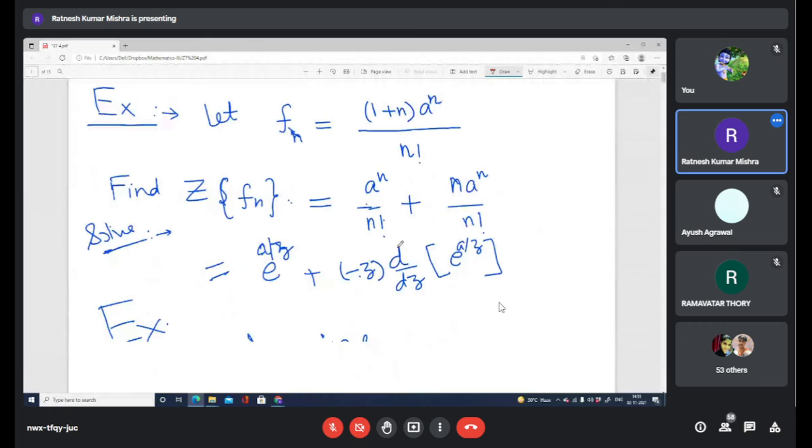And this is the last theorem. Final value theorem.